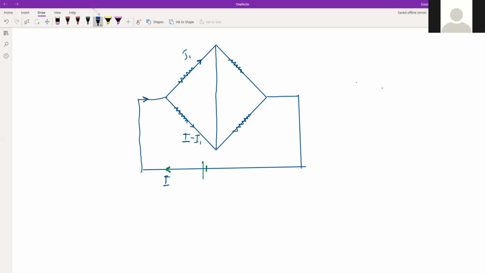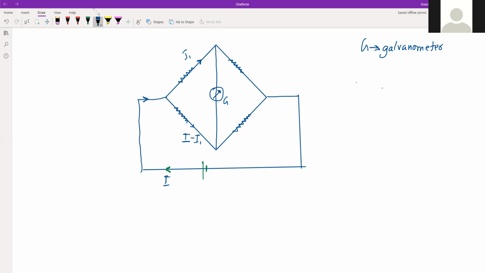There is a galvanometer attached here. What is the purpose of a galvanometer? A galvanometer detects the presence of current in a circuit. That is the work of a galvanometer.